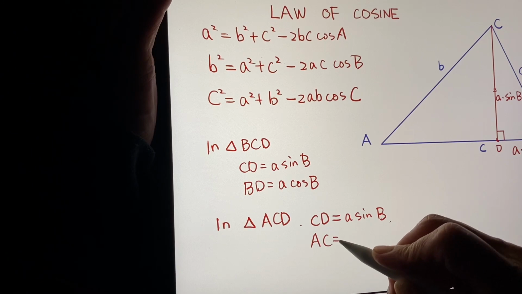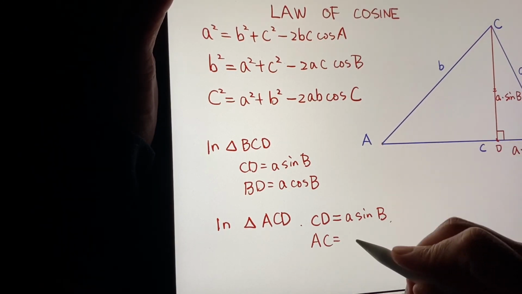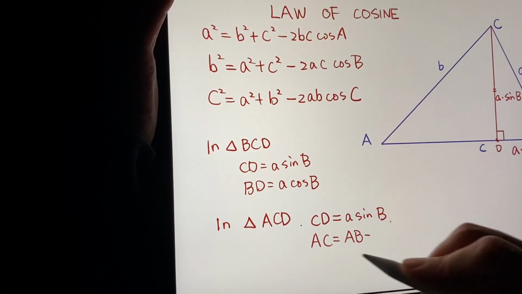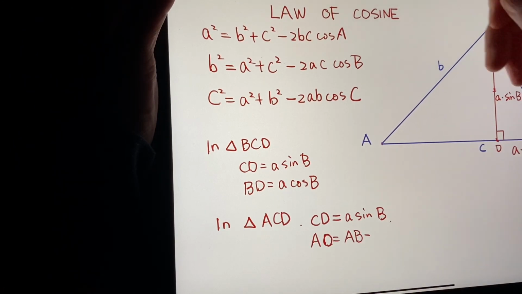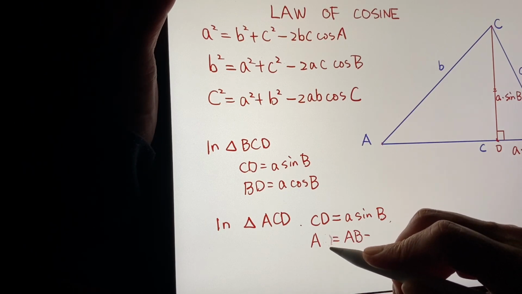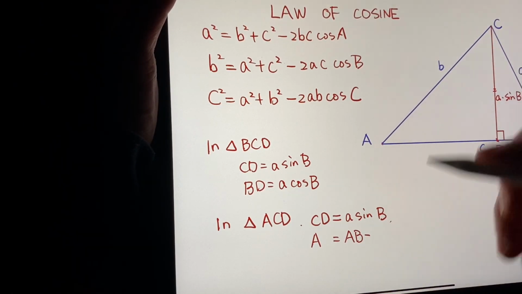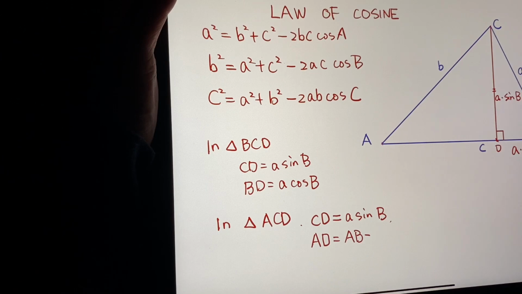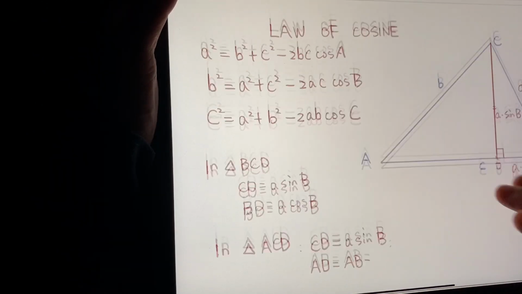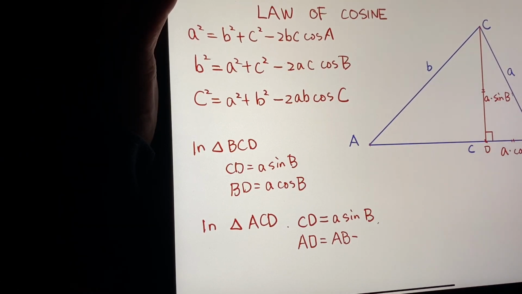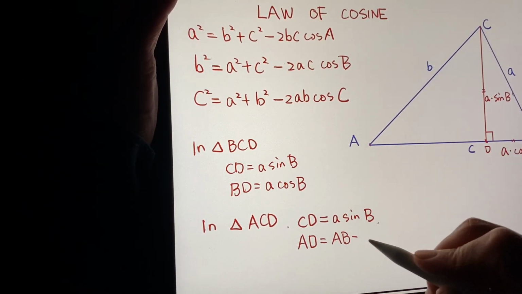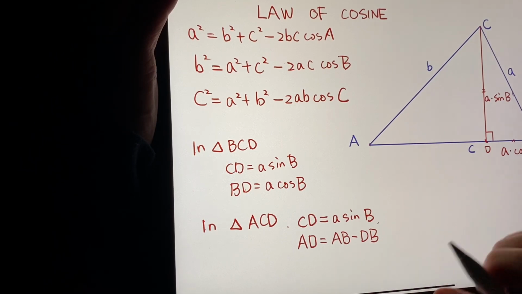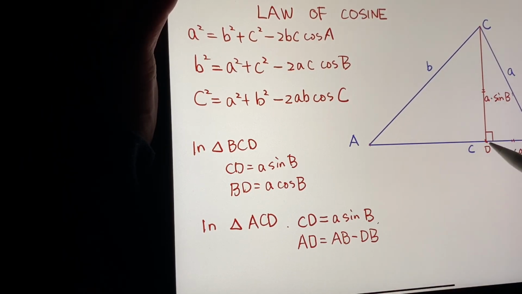AD equals the whole length AB minus DB. So this is this.